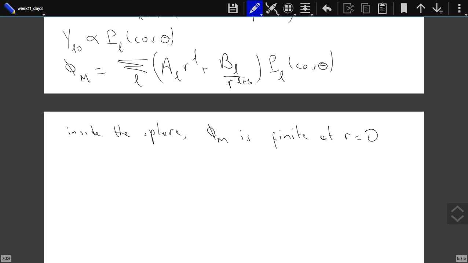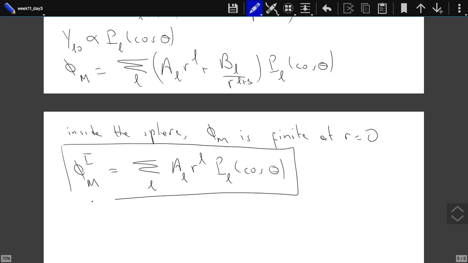Which basically tells me that these B_l terms, which diverge at r equal to 0, cannot appear in my expression of the potential inside my sphere. So phi m in region 1 will have this form. This is my solution in region 1.